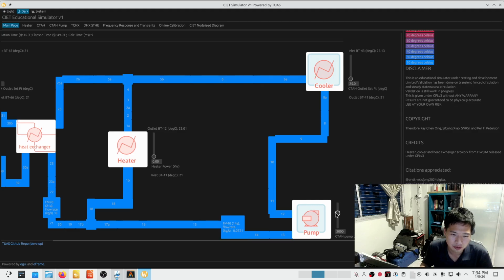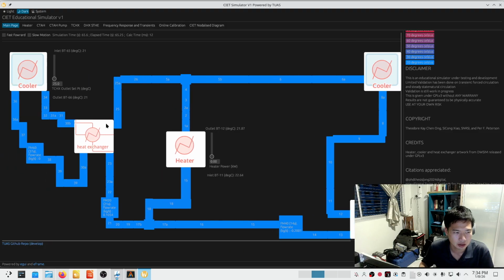If I do a reverse direction, it can also have a different kind of flow rate. And this pump flow rate here, FM20, actually measures flow through the DRACS loop on the DHX branch. Yeah, it will measure flow rate here.